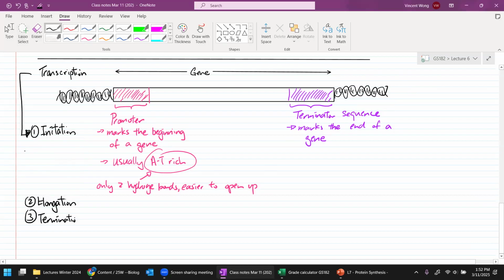Initiation: RNA polymerase binds to promoter and unzips DNA.